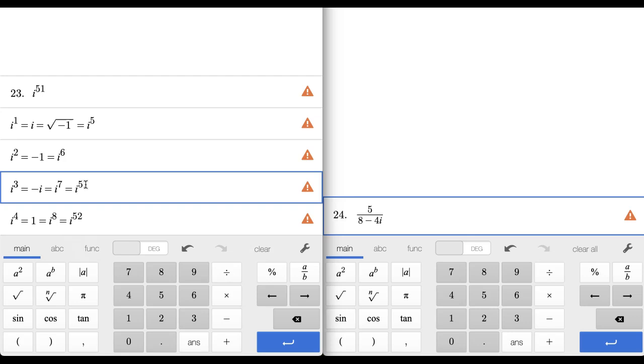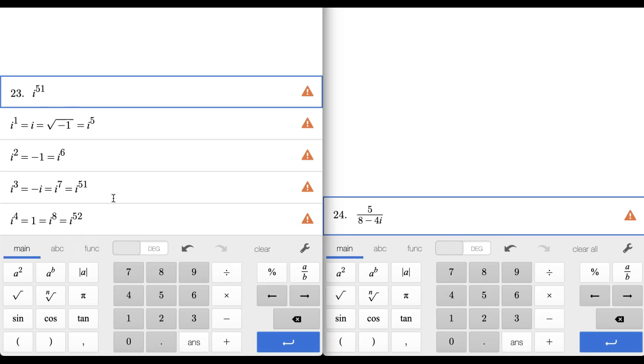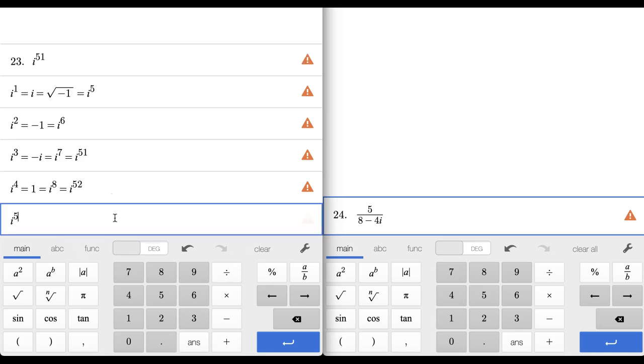That's what we're looking for. So i to the 51 should be equal to -i.